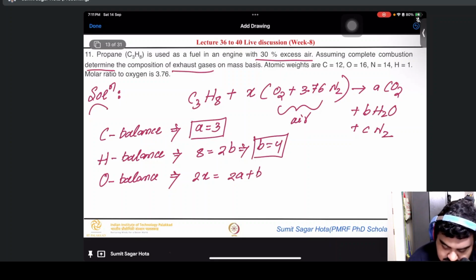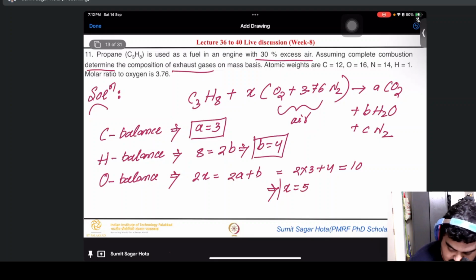How 2x? x into O2 on the left hand side is equal to the right hand side: in the CO2, 2 times a, plus in water H2O, b times 1 O. We solve it, we'll get 10. So here x is equal to 5.